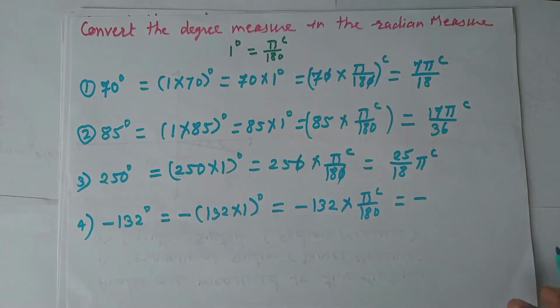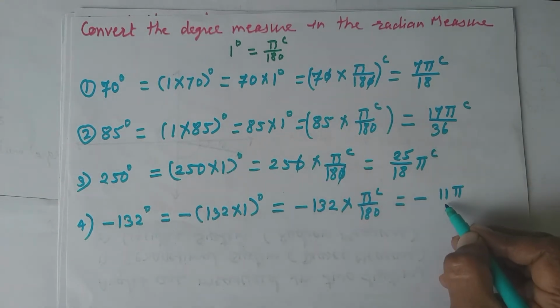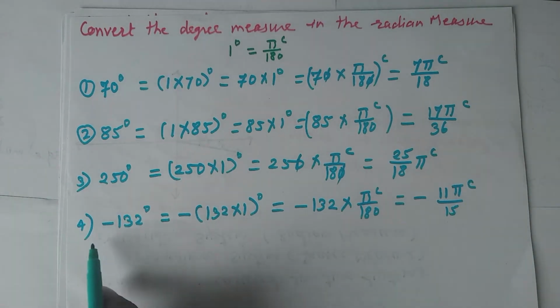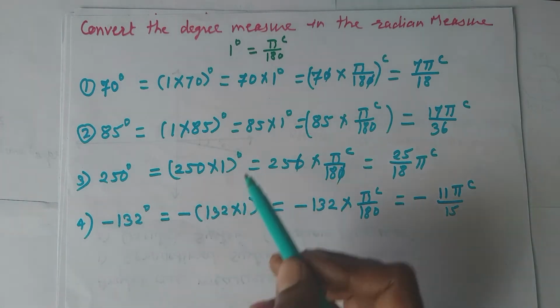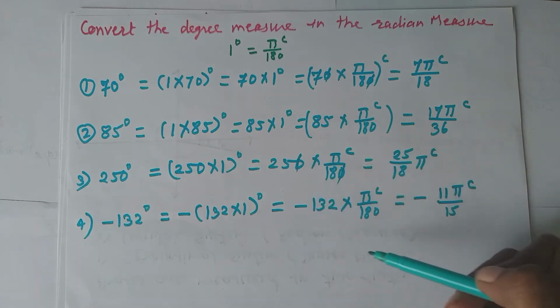Now simplify this, and after simplification, this is nothing but 11 pi divided by 15 radians. Means what we are doing here? We are keeping the minus sign as it is. Therefore, don't worry about whether the angle is positive or negative. If the angle is negative, you keep the minus sign as it is and do the calculation as we have done in the previous examples. Let's see the next problem.